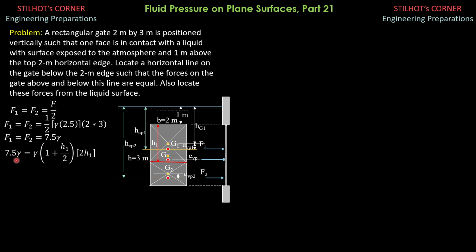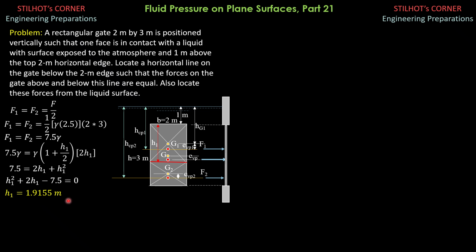Cancel out gamma, 7.5 equals 2H1 plus H1 square. So H1 square plus 2H1 minus 7.5 equals 0. Using the calculator, quadratic equation, the positive root for H1 is 1.9155 meters.